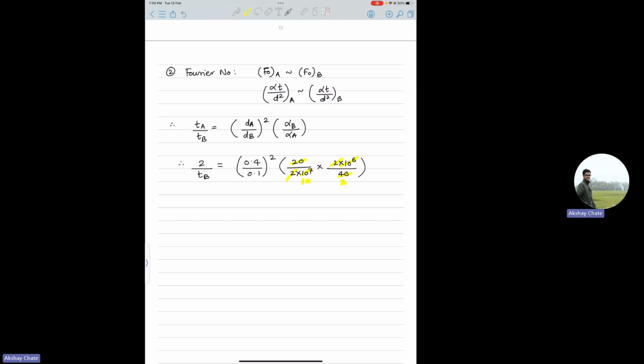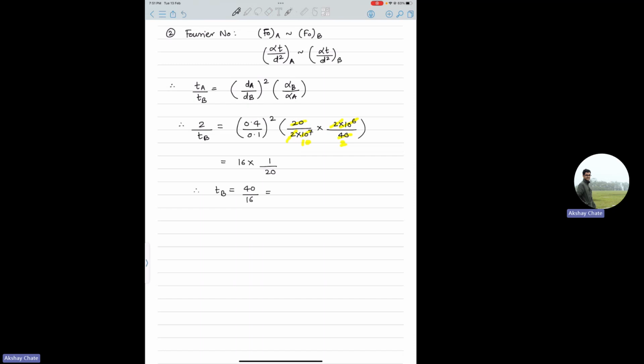So this becomes 120, and this is 4, so this becomes 16, and this is 1 by 20, so this is 4 by 5. So TB will be nothing but 40 by 16, so this is 10 by 4, which is 2.5 hours.